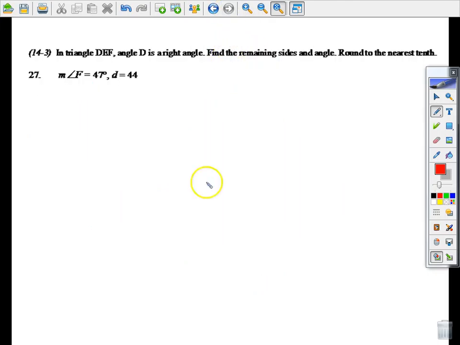We just have one more. This little right triangle trig problem that we had, much like on your last test. So let's go ahead and draw the triangle. I think that helps. D is the right angle. So I'm just going to call this E and this F. And what else are we told?